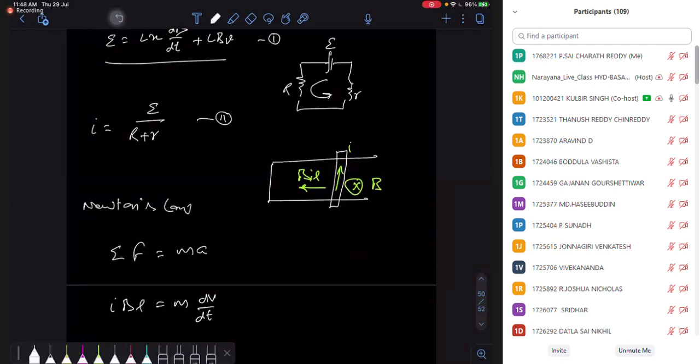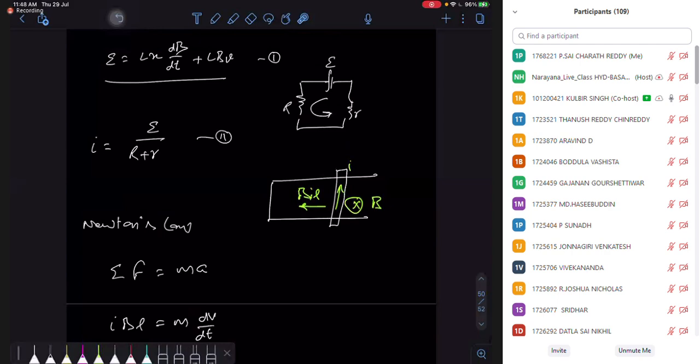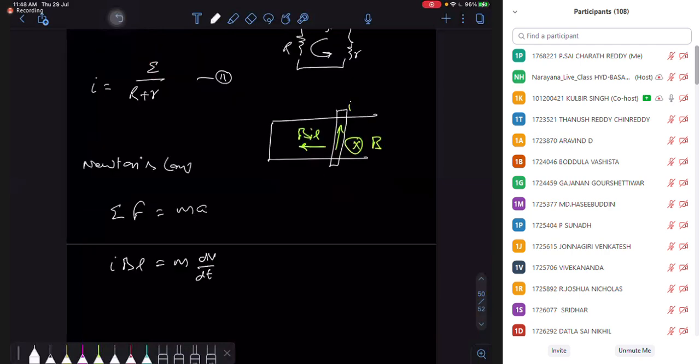One thing you can notice here is that my acceleration depends upon the current, my current depends upon the EMF, and my EMF depends upon these factors. So how much is my current?